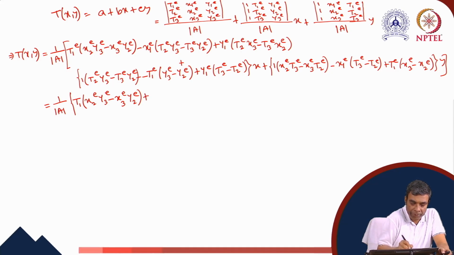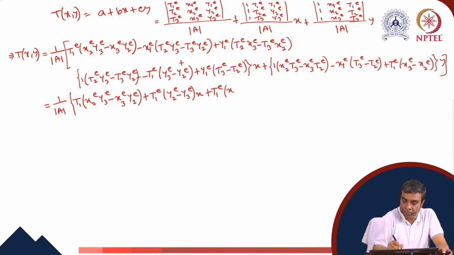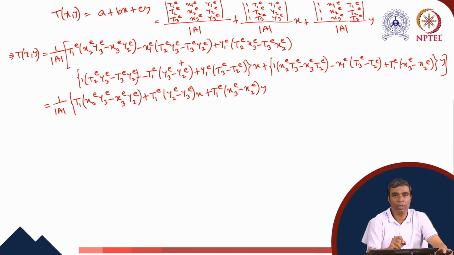So here we get T1e into (y2e minus y3e) into x. Then we go for the third term, the contribution coming from C. There we find plus T1e into (x3e minus x2e) into y. So here we have combined all the terms appearing with T1e.